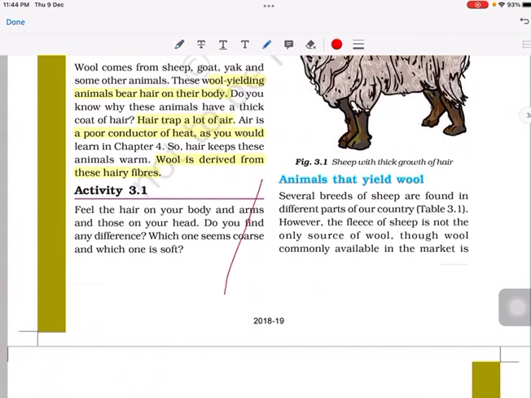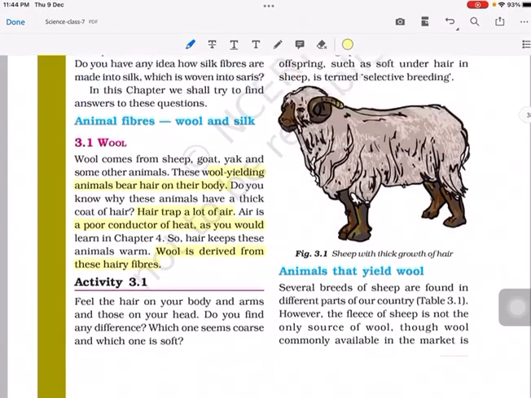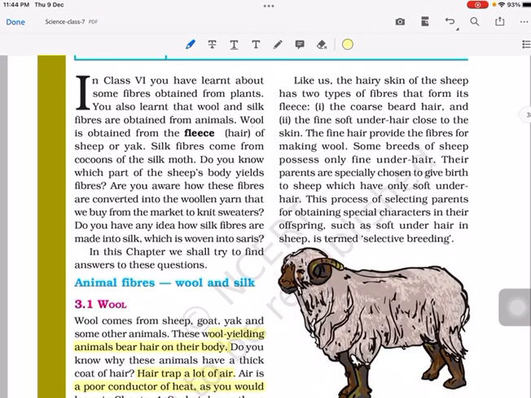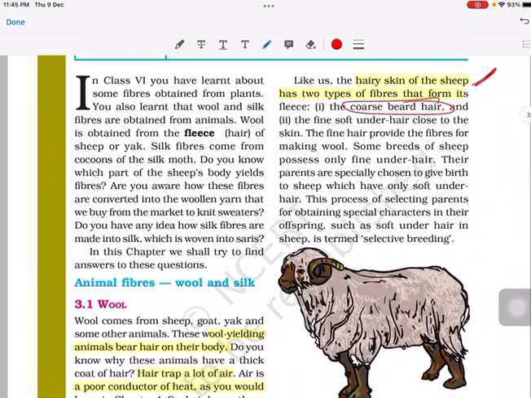Okay, now like us, the hairy skin of the sheep has two types of fibers. The first is the coarse beard hair. The second is a thin and fine coat of under hair close to the skin.